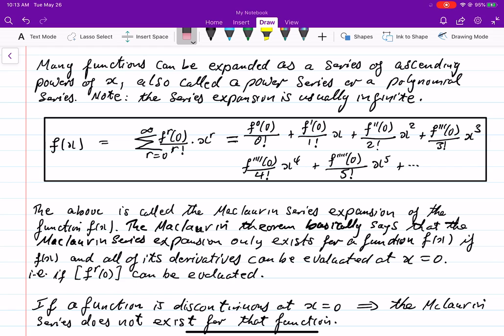If you were to expand that out, starting by substituting r equals 0 into that general term, you'll get f^(0) of 0. And by the way, the prime is referring to differentiation. So if I have f^(0) of 0, that means it's the function itself. I don't differentiate at all, but I evaluate the function at 0.